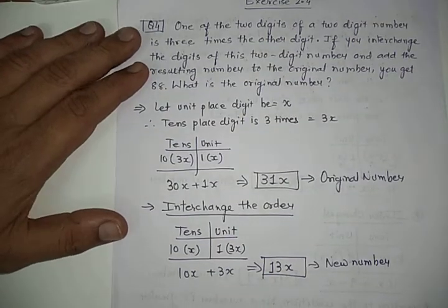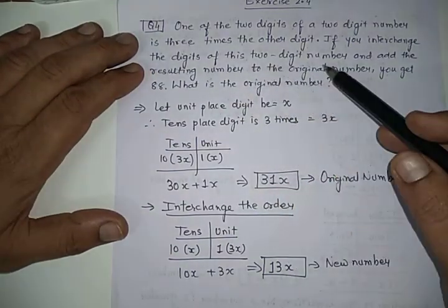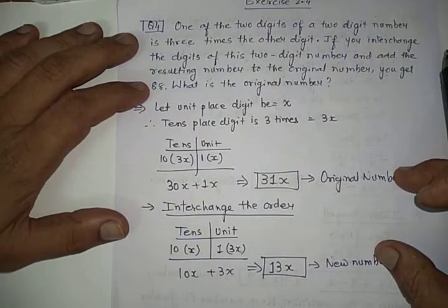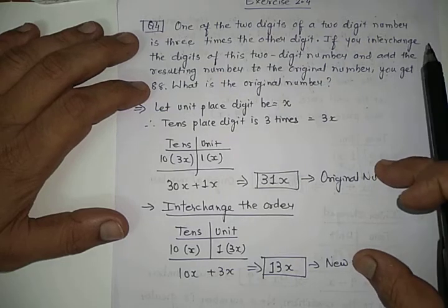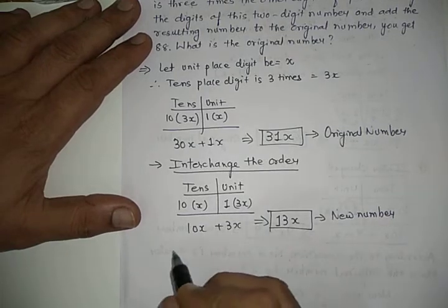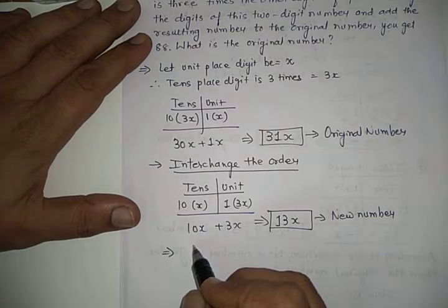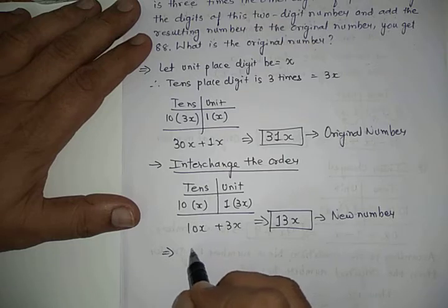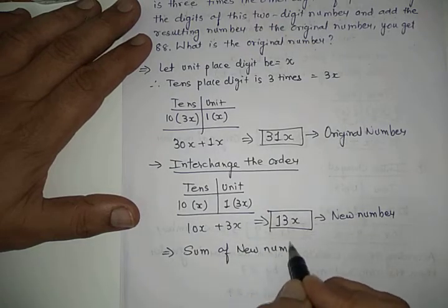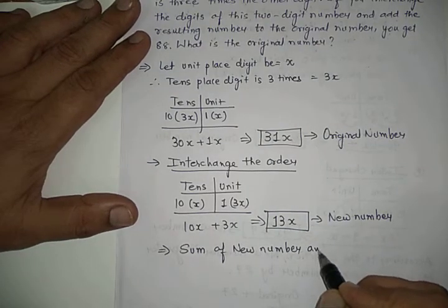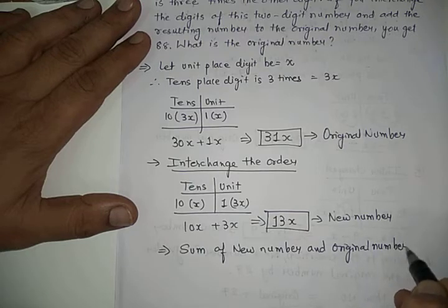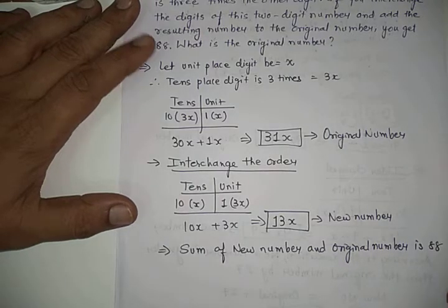Now if we interchange the two-digit number and add the resulting number with the original number, these two if we add, we will get 88. So the equation is formed here. The sum of the new number and the original number is 88.